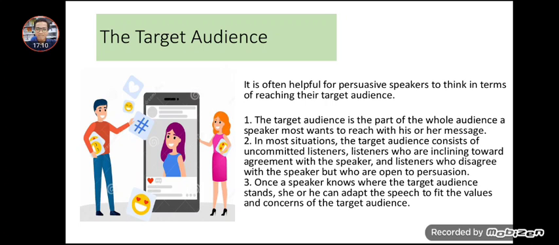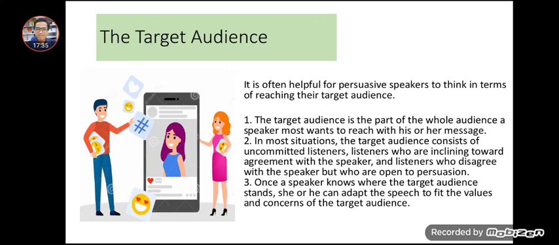Okay, so this is what we call the target audience. In most situations, the target audience consists of uncommitted listeners, listeners who are inclining toward agreement with the speaker, and listeners who disagree with the speaker but who are open to persuasion.